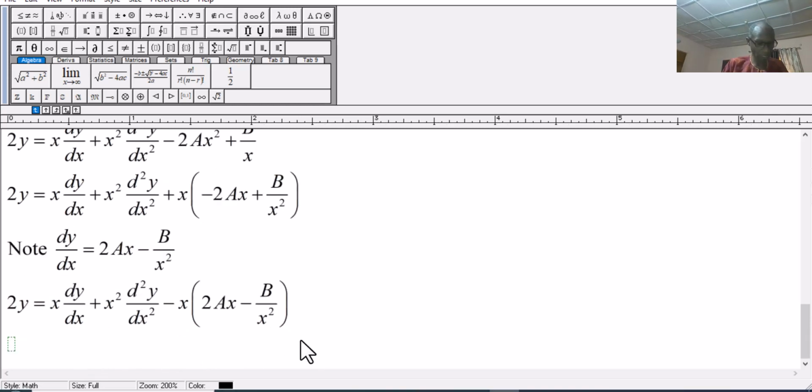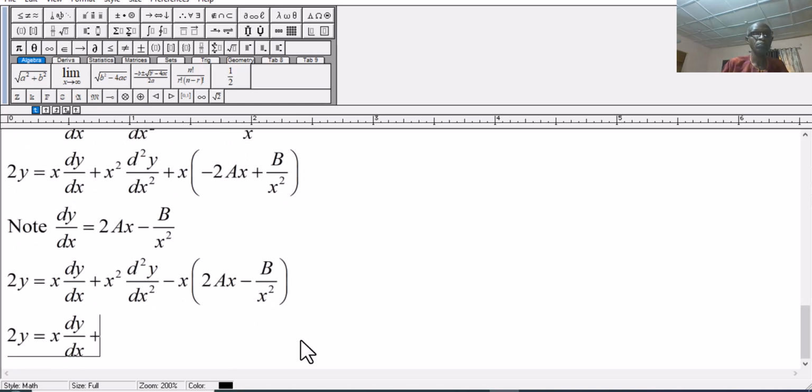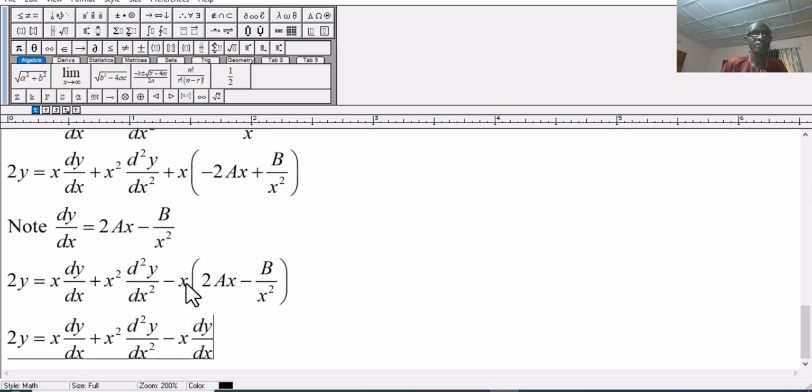So we now can consider 2y, x dy dx plus this, minus this. Now instead of me writing this, I will just write x dy dx, because everything here is my dy dx, which we have gotten here. So this and this will cancel out.